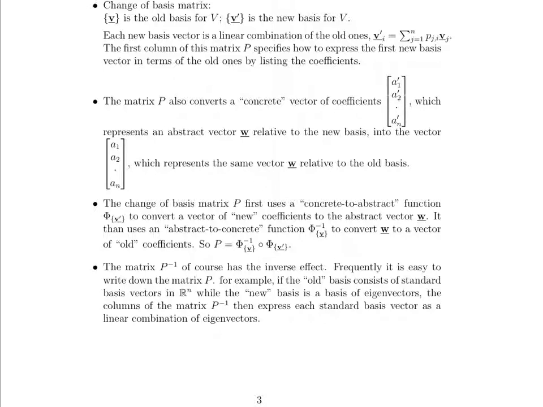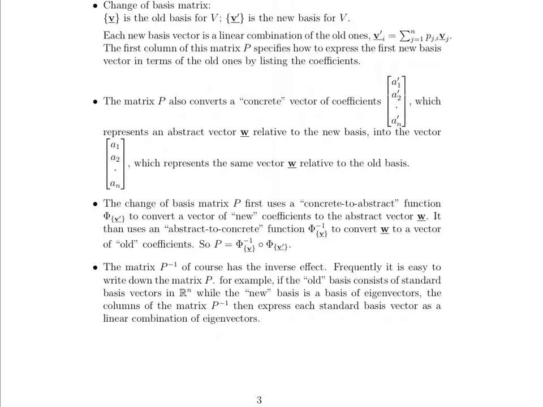It's going from a vector that represents the coefficients with respect to the new basis to an abstract vector, and then taking the abstract vector and representing it with the coefficients with respect to the old basis. So this is the way that we can write P as a composition of both the abstract to concrete and concrete to abstract functions. We need a composition of functions there.